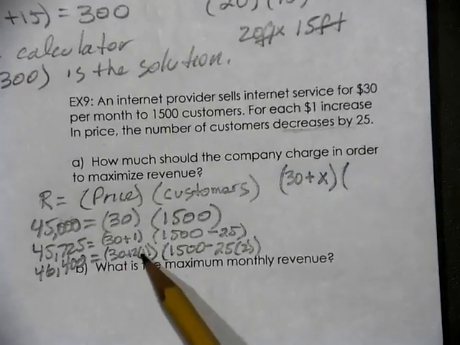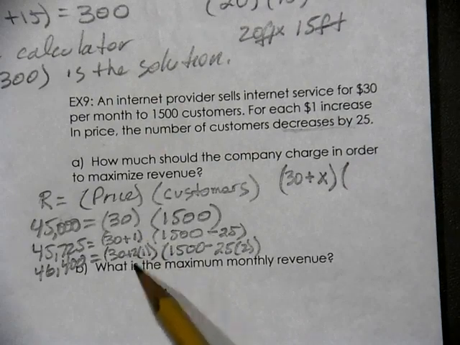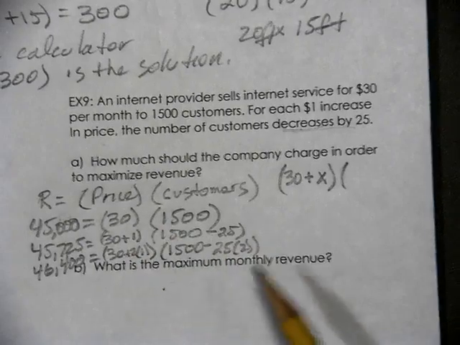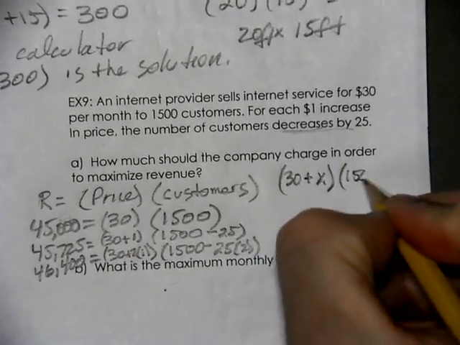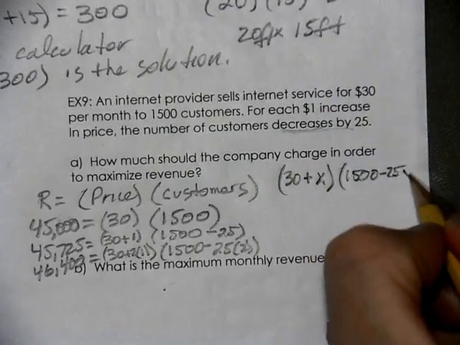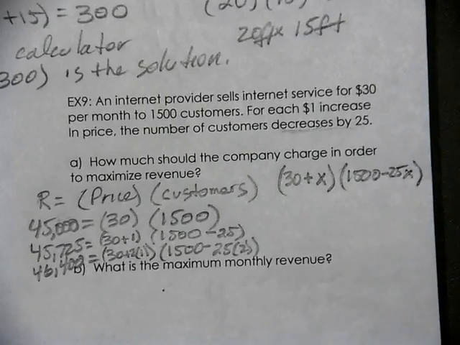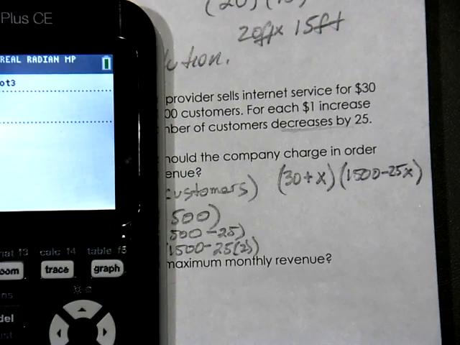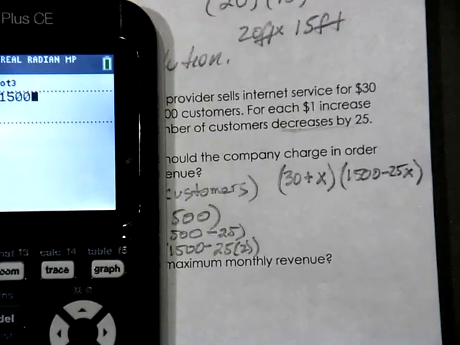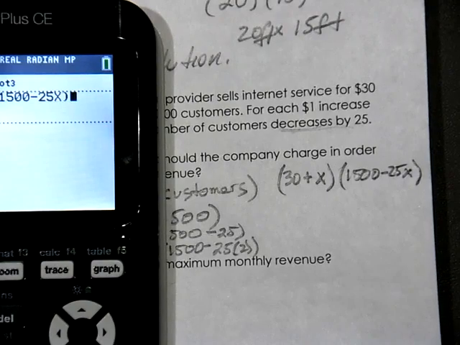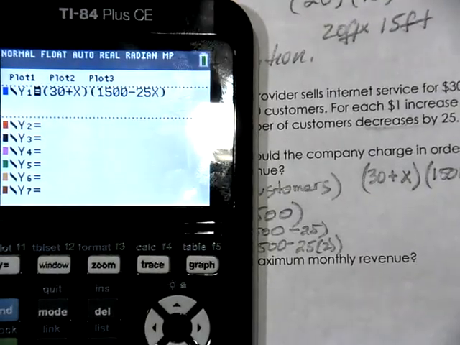That's 30 plus the $1 times the number of opportunities that we have to increase it, which is our X, and our 1500 minus the customers, 25 of them at a time for every X, for every increase. So that's what we're going to put into our Y equals. We take our 30 plus our X, our 1500 minus our 25X. We can type this into Y1 of our graphing calculator.